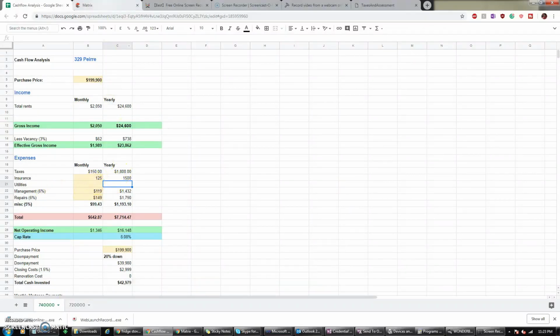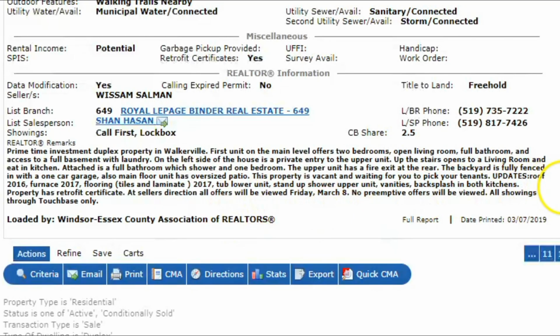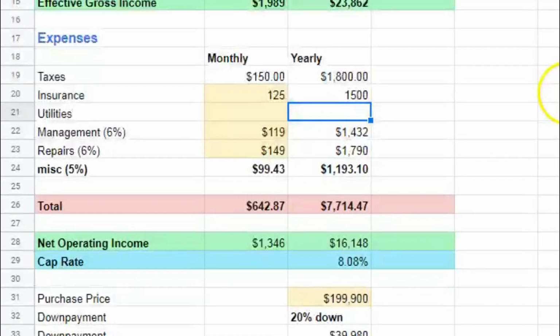And the utilities, this one actually says both have separate meters, hydro and gas. Go through the description and look for it. If you're looking at multi units, I would at least look for something that has hydro and gas separate meters. Most of the cases water will be inclusive. So utilities, you have to pay for water, right?